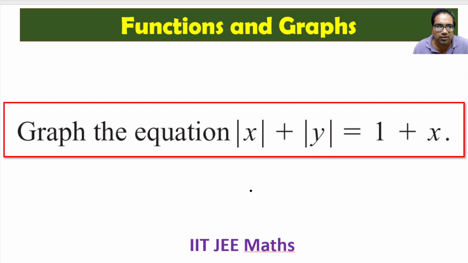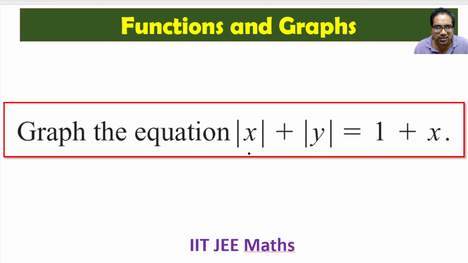For example, absolute value of 2 is 2. Absolute value of minus 2 is minus of minus 2. Right? Minus of minus 2 means minus of x. Now, this equation we can split into four equations. Why four?